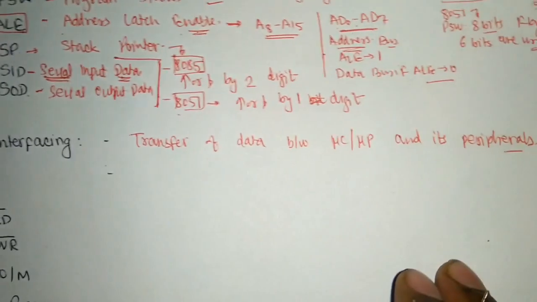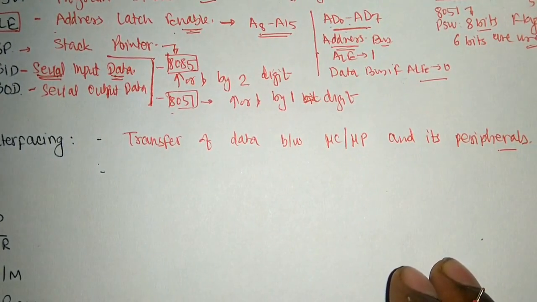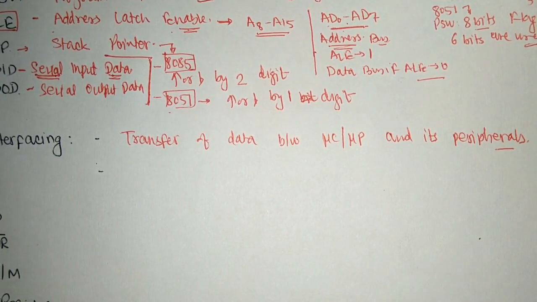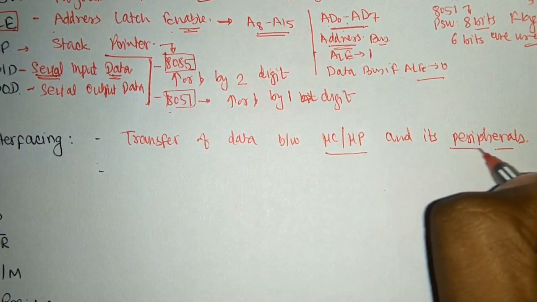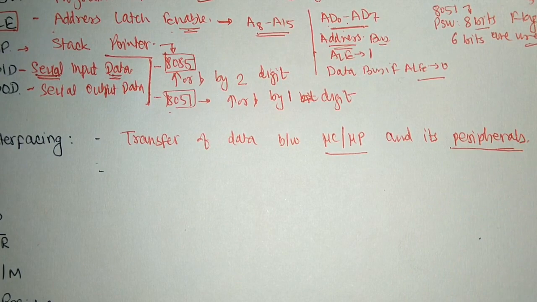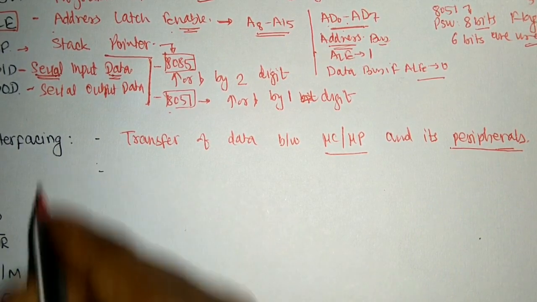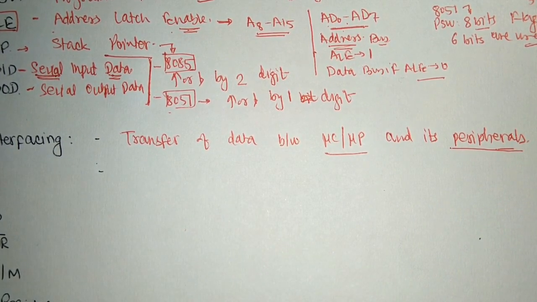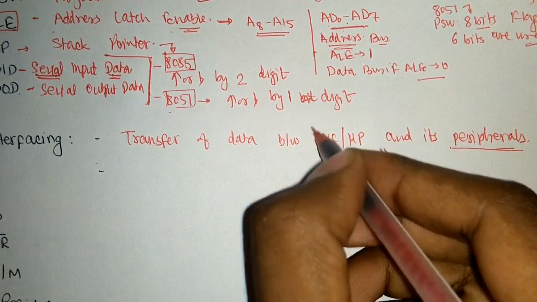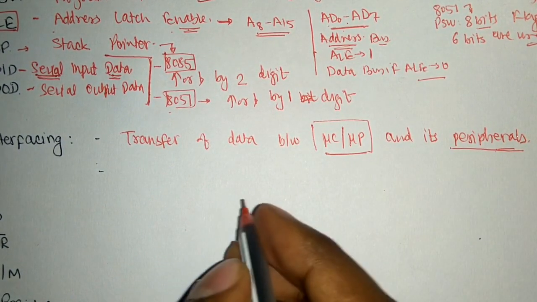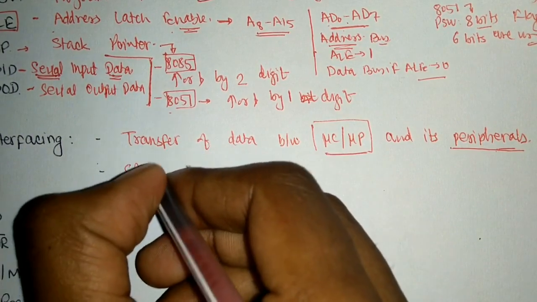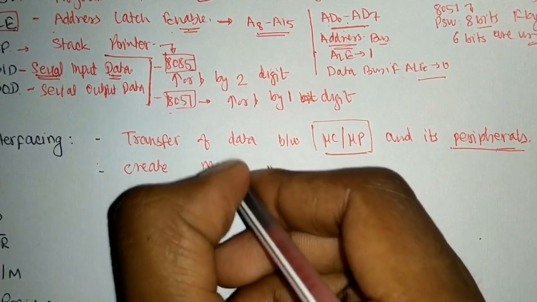Okay, so those will be known as the peripherals. So how exactly I am connecting my microprocessor or microcontroller with the peripheral devices, that can be output devices, input devices, that is known as our interfacing. I am creating an interface between the processor or the controller and the devices. Or it is basically used to create man-machine interaction.